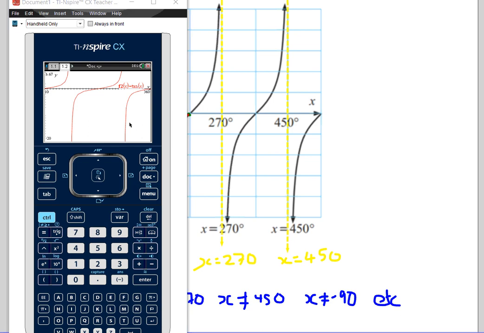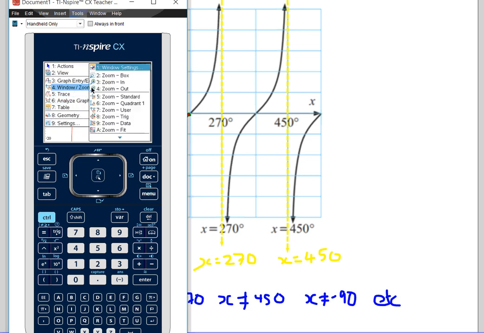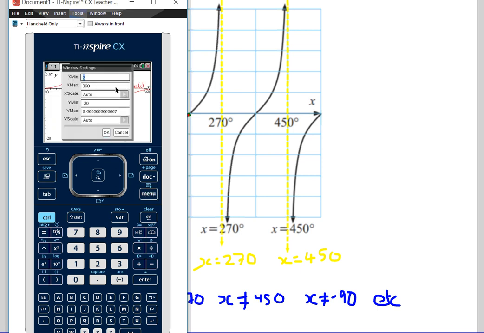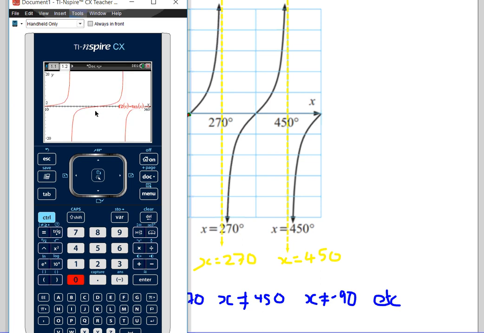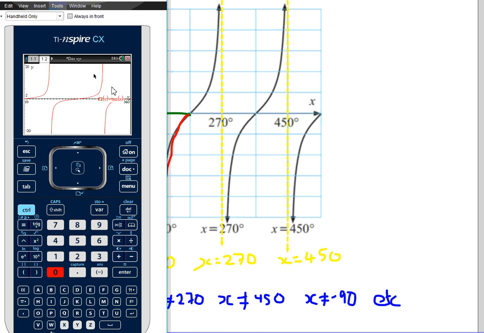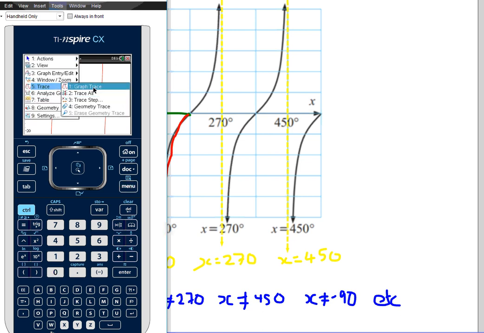See ya. So what we've got here is, oh sorry, I just need to fix this up. So that was right, and -20, sorry, this was meant to be 20. Didn't work properly. 20, there it is, okay, cool. So just showing you that it looks the same kind of thing as this. If you trace it, graph trace, you might see that there are some asymptotes.